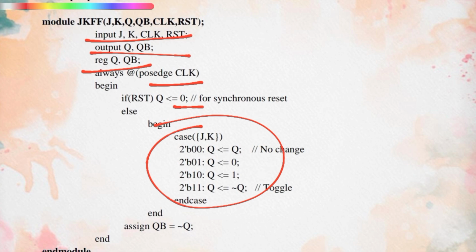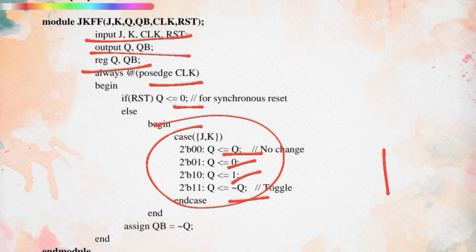When we provide the input as 0 0, there is no change, Q will be the same. When we provide 0 for J and 1 for K, Q becomes 0, and when we provide 1 0, Q becomes 1. When both inputs are 1, the output will be Q bar, that is the complement of Q. This is called toggle.